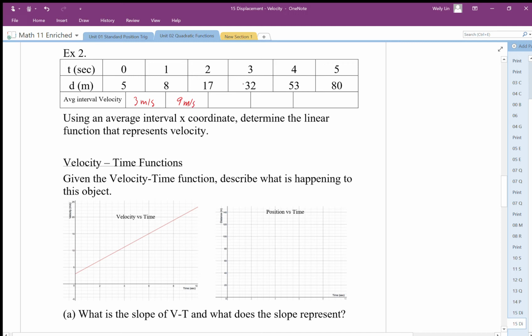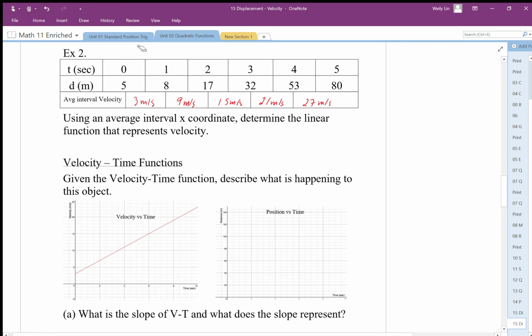Then it's going to be 15 meters per second. Here we increased from 32 to 53, so that's 21 meters per second. And we went from 53 to 80 meters, so that's 27 meters in 1 second, so 27 meters per second.